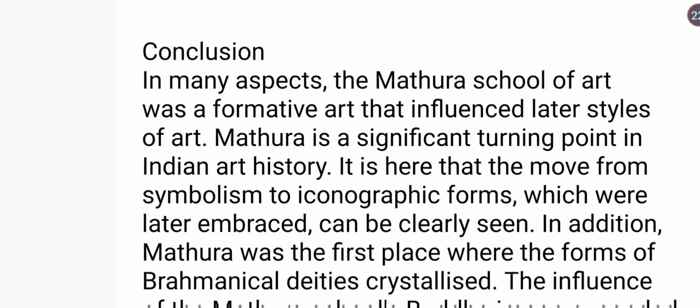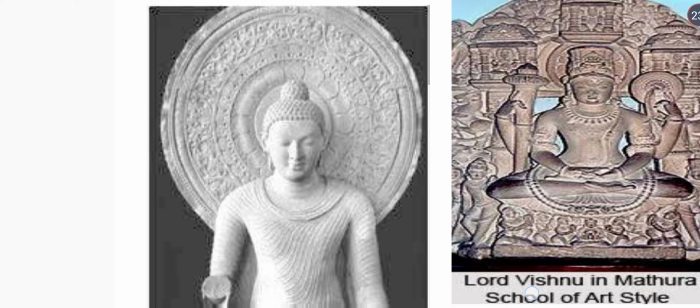It is here that the move from symbolism to the iconographic forms, which were later embraced, can be clearly seen. So, I think you have totally understood the main pattern, the type of construction style, their images, and their extraordinary features. Here are some examples.